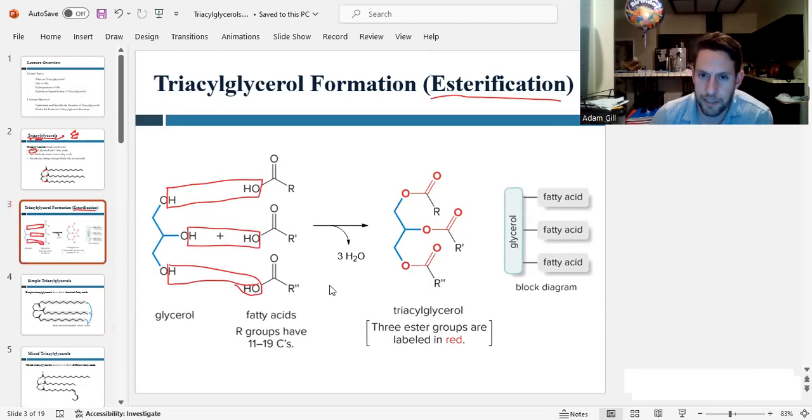Alcohol, fatty acid, ester. Now, the cartoon structure here is just showing you it's a glycerol connected to 3 fatty acids, but the actual functional group is an ester. And we lose the 3 waters coming out. So glycerol, 3 fatty acids, 3 esters, and this is known as a triacylglycerol.